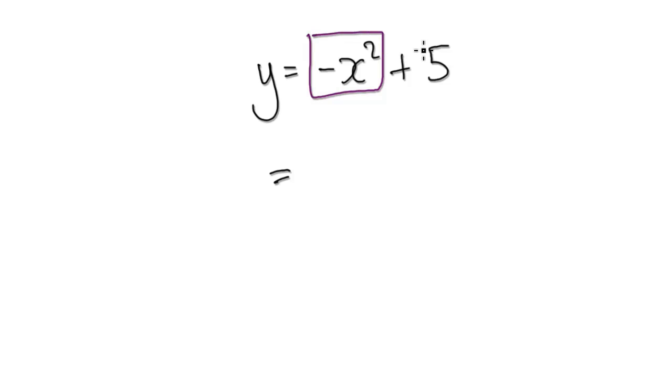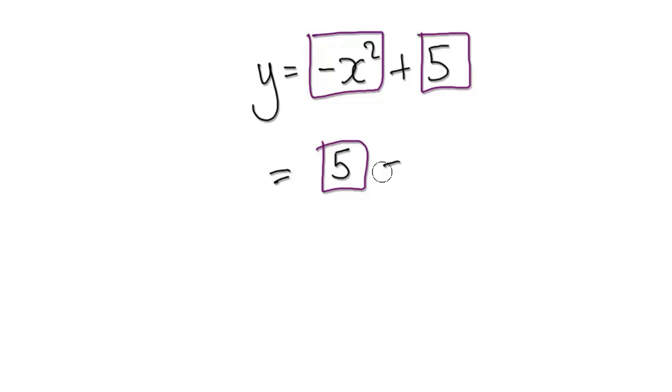Okay. So next one, y equals -x squared plus 5. I'm just going to switch these two around. You've got one block plus another block. I'm going to switch these two around. So you've got a block of 5, and then minus x squared.